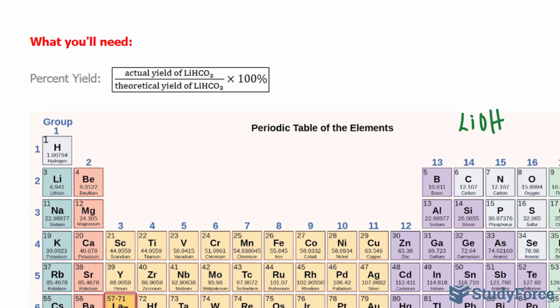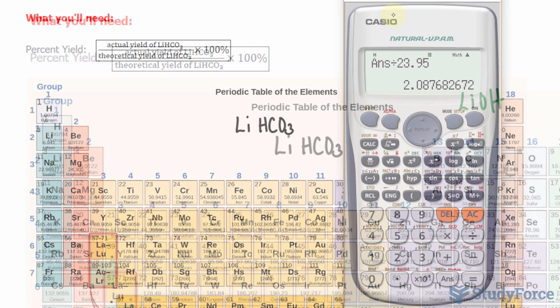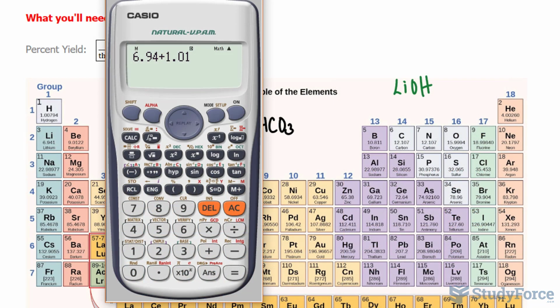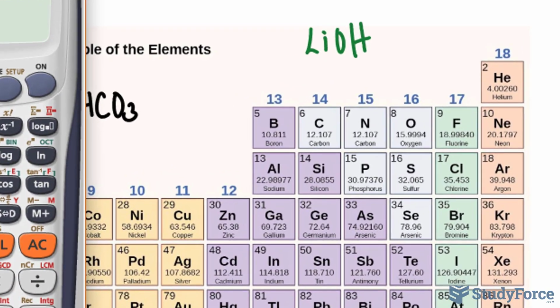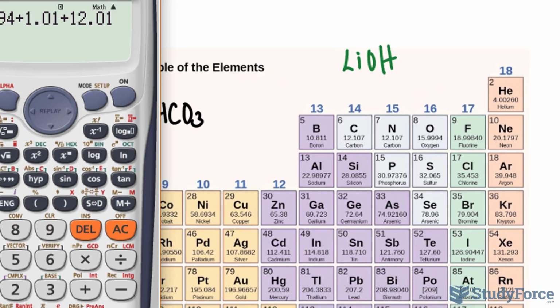So once again, let's go back here. This time we're looking for Li2CO3. The molar mass of one lithium atom is 6.94 plus 1.01 for hydrogen. For carbon, it's 12.01. This one's actually wrong. It should be 0.1 rather than 1.0.